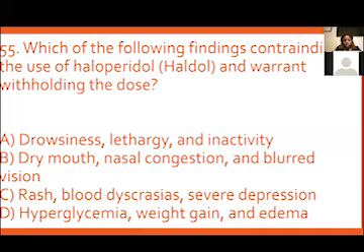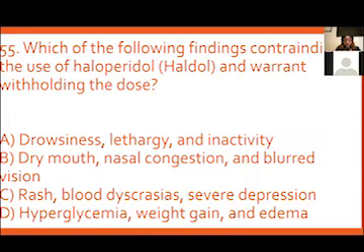Then I'll go to B, dry mouth, nasal congestion. That won't harm the patient. And remember, the question says contraindication. So whatever it is, it must be really bad that it can harm the patient. C, rash. Rash is an indication that this person may be allergic to it and can even end up in anaphylactic shock.